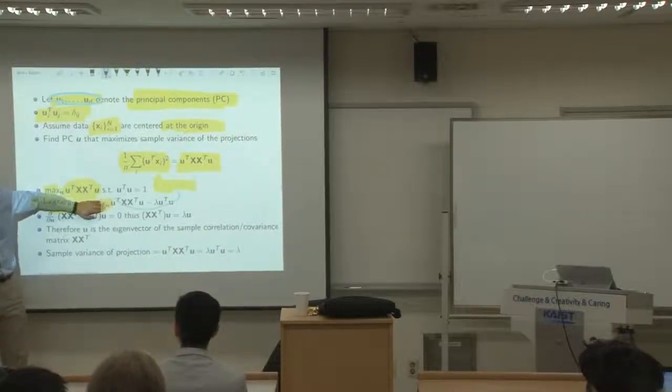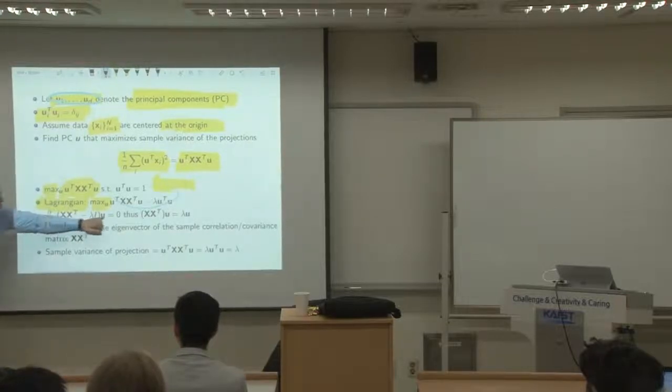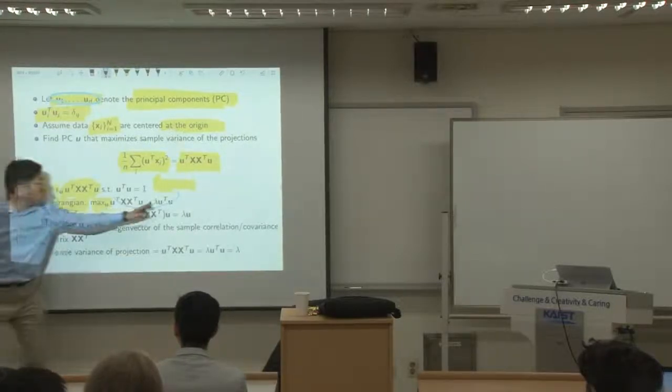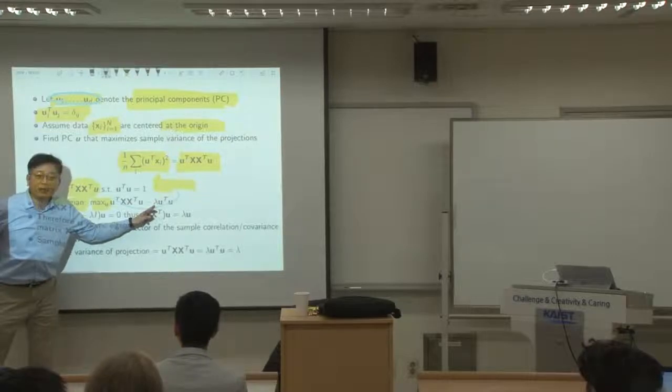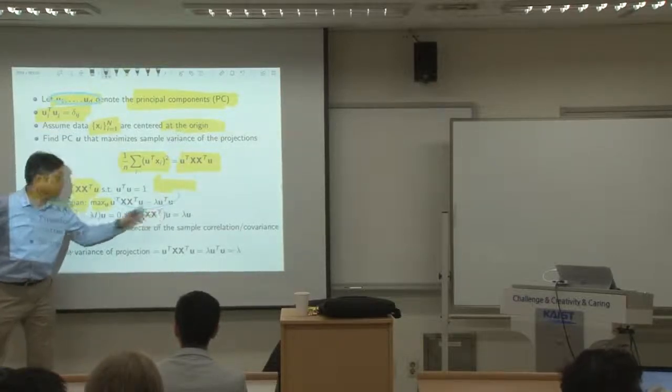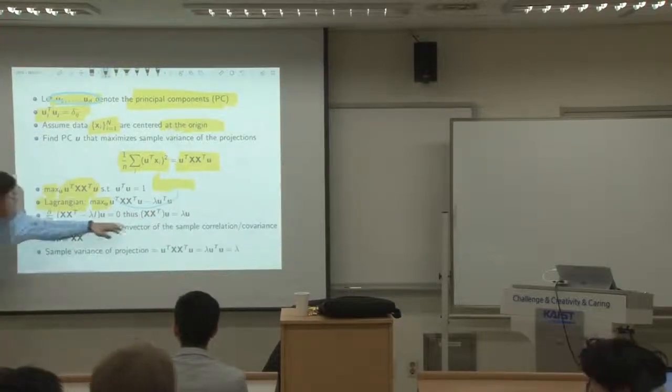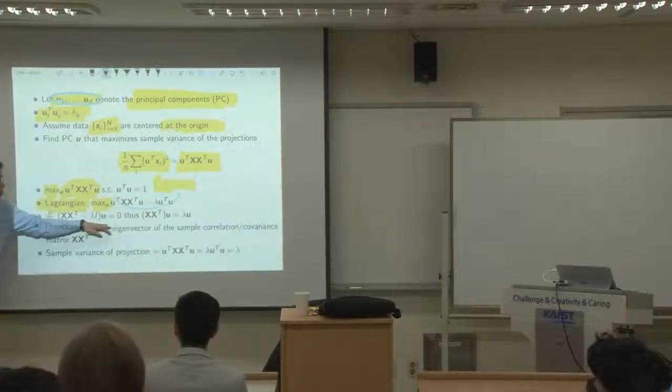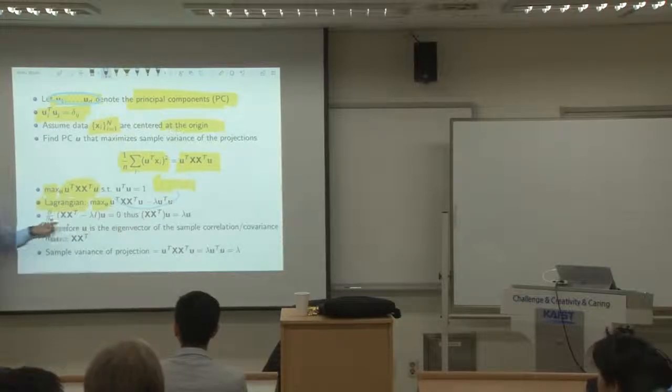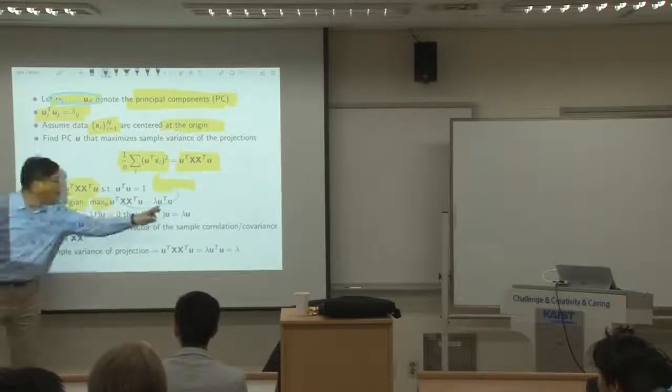Take the derivative. And by the way, this lambda is called the Lagrange multiplier. I'm going to be talking about this a little bit. And set it equal to 0.